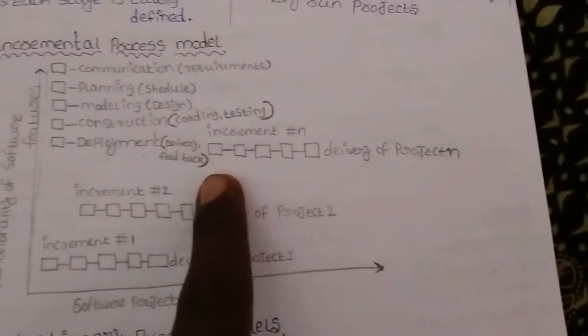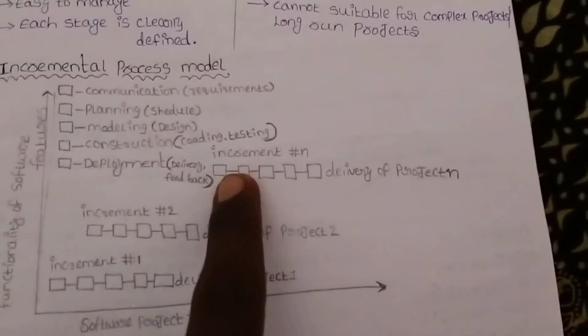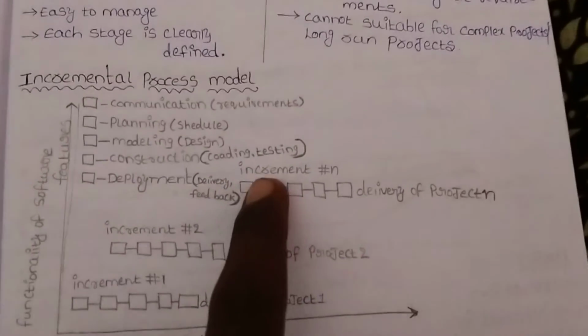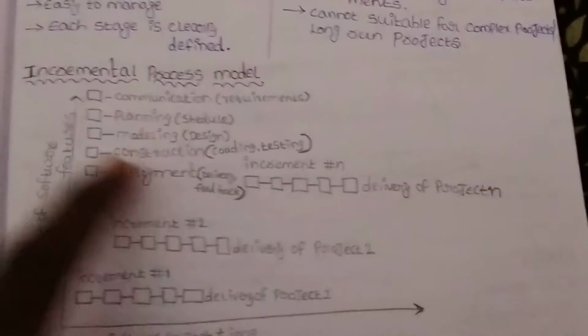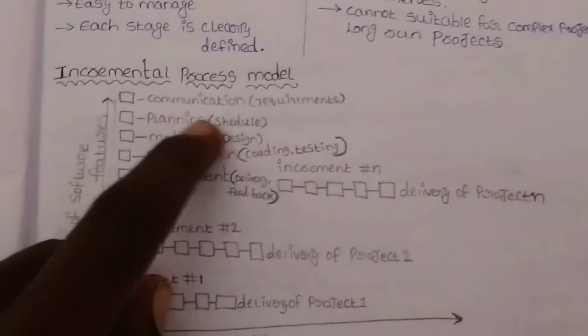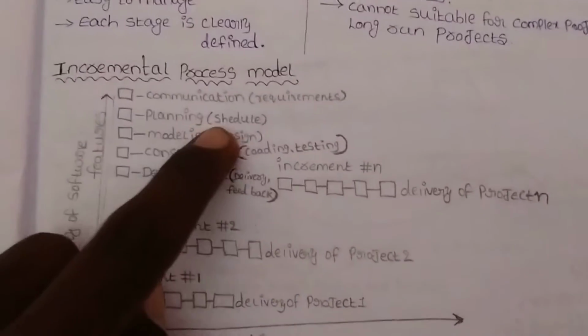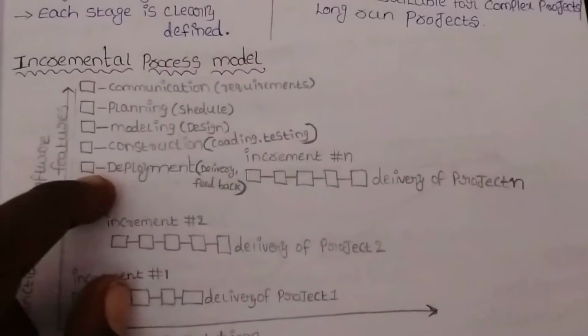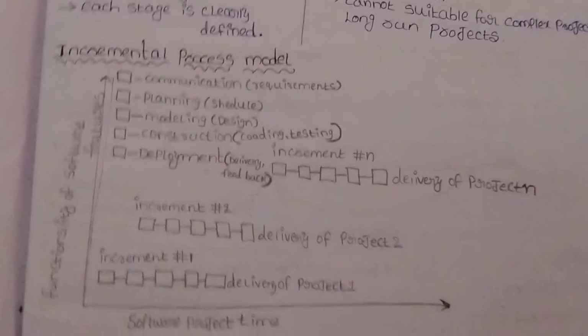We can deliver the project n times without errors and with user satisfaction. Increment n times: communication, requirements, planning, scheduling, modeling of design, construction, coding and testing, deployment, delivery, feedback.